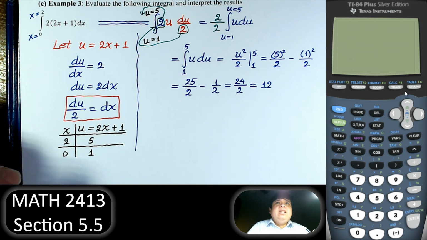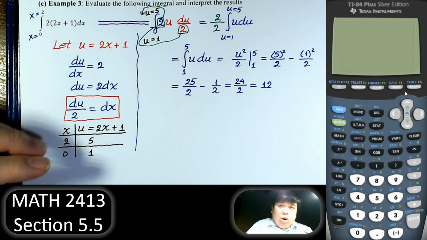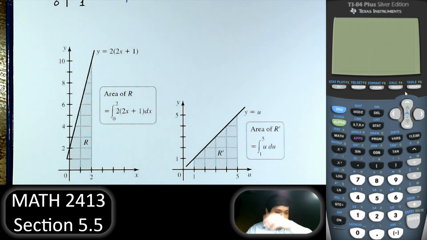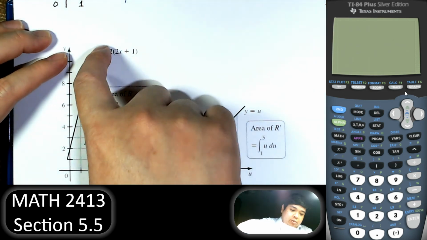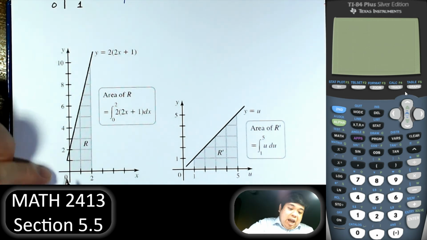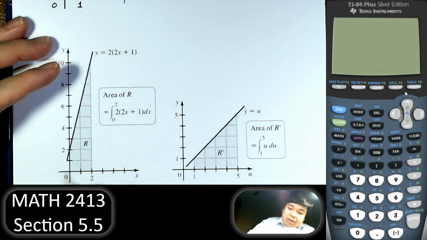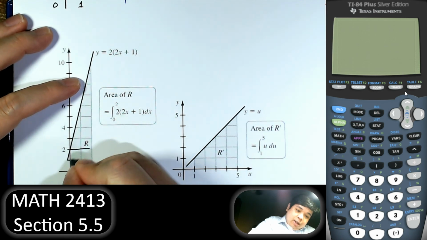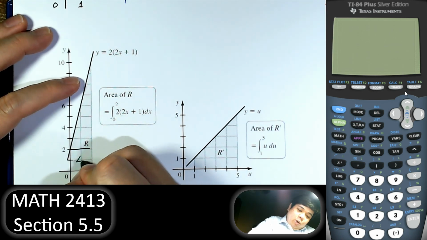Of course, that problem is too simple. But what I want to demonstrate is, even in terms of area, 2 times 2x plus 1, that is the function. The area from 0 to 2. So this area, let's just calculate. This is 2 by 2, so this area is 4.